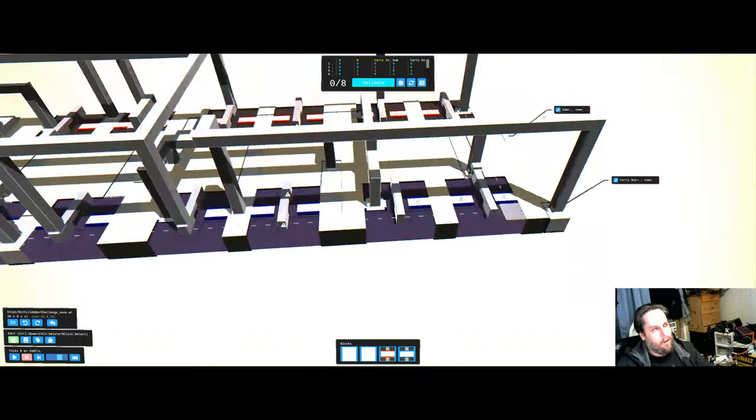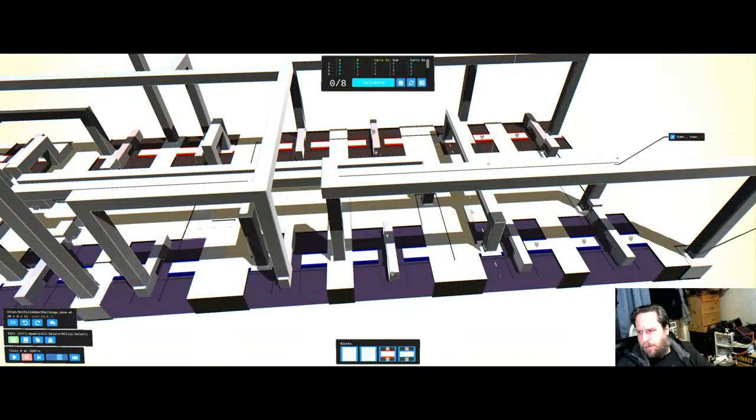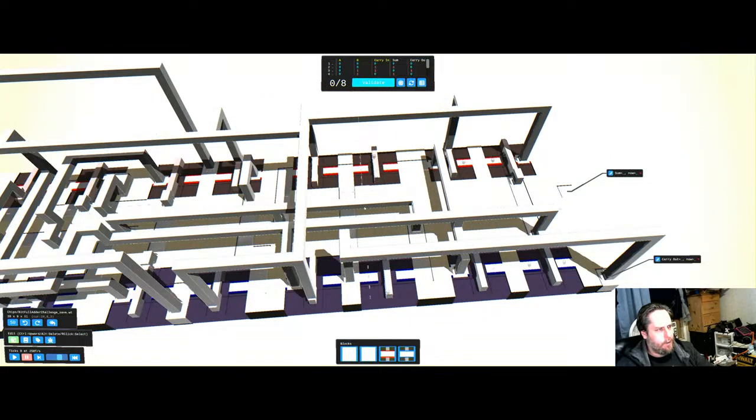Because that should be all for C out. There shouldn't be anything else that ties into it. C out is strictly from this third group here.